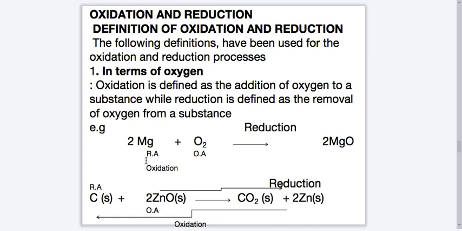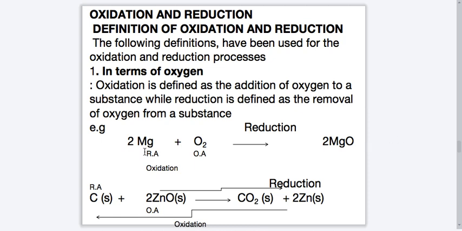A reducing agent is a substance that reduces another substance, but in that process, itself gets oxidized. In this case, Mg is going to reduce O2, so Mg in that process becomes oxidized to form MgO.